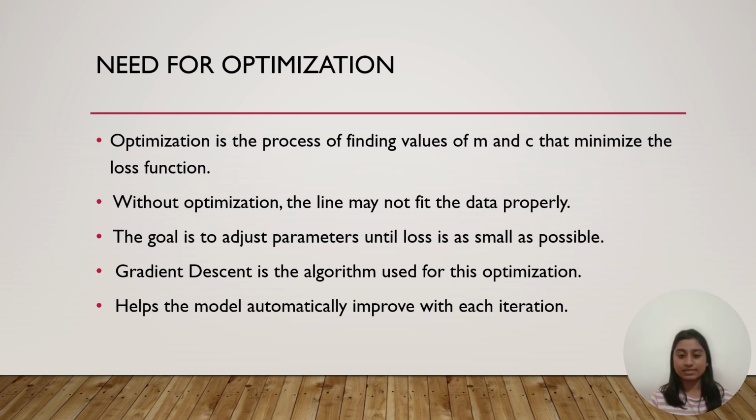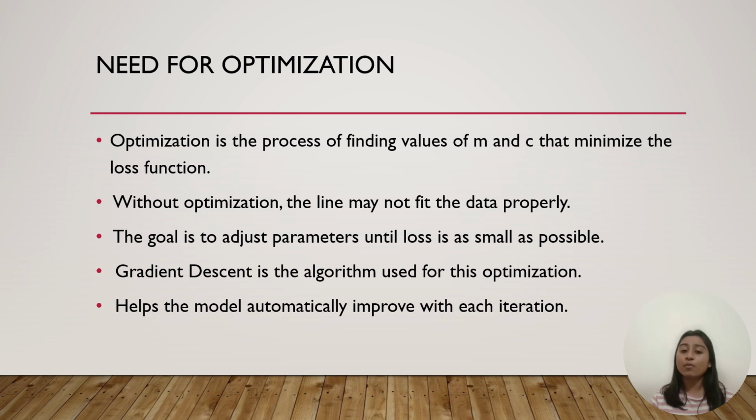Need for optimization. Now the question is, how do we minimize this loss? We use a process called optimization. Optimization simply means improving the model, adjusting the slope m and intercept c to reduce the loss value as much as possible. If we don't optimize, the line might not fit the data correctly.